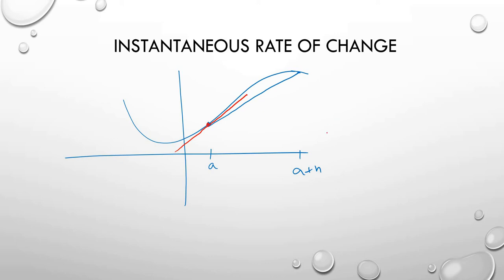Now I can't do that using a regular slope equation, but if I make this point A and my point a plus h get closer and closer, in other words, if I bring this second point in, if I can get really, really close, where a plus h is almost on top of a, I'm getting really close to finding an instantaneous rate of change.